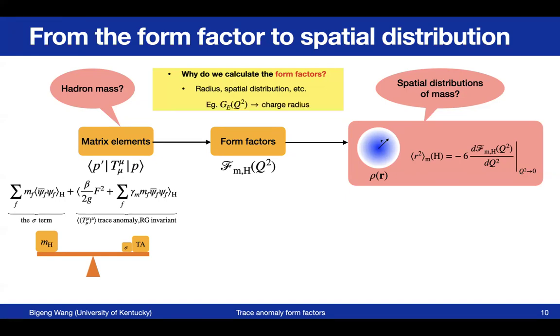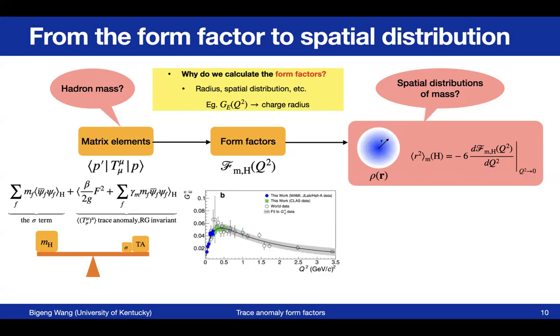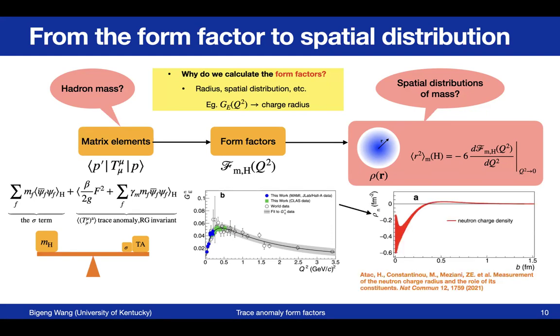All these things can be obtained from the electric form factor, from which we can calculate the charge radius. For example, for the neutron, we can experimentally measure these form factors, and by performing the Fourier transform in the Breit frame, for example, one can get the spatial distribution of charge within the neutron, which is negative here and positive outside.